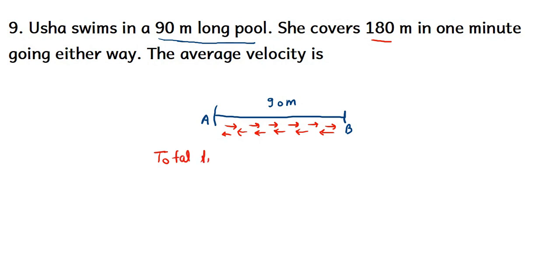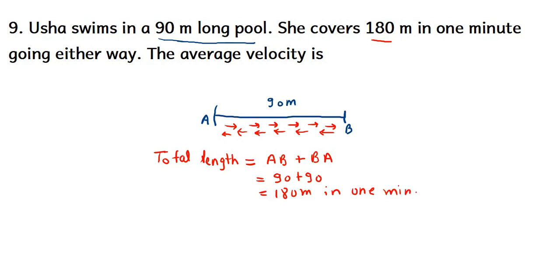So the total length she covers will be equal to AB plus BA, that means 90 plus 90. It will become 180 meters. The length of path that she covers is 180 meters in 1 minute. But the question asks about average velocity. So when it asks for the average velocity, we need to find the initial and final position of the object.